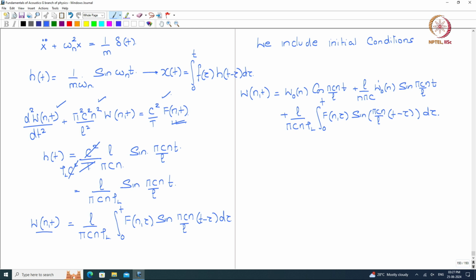Okay. So we have come till the solution in the transformed domain or transformed variable. We have to get back to W of x comma t. So first of all, W of p comma t is 2 by pi summation n equal to 1 to infinity W of n comma t sine n p.